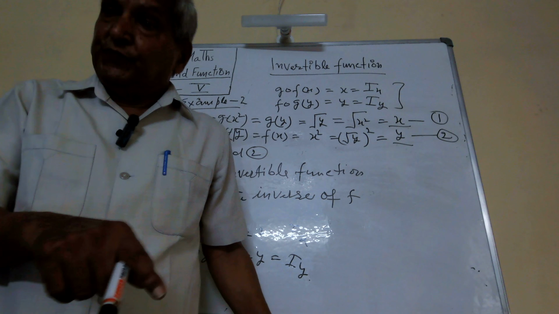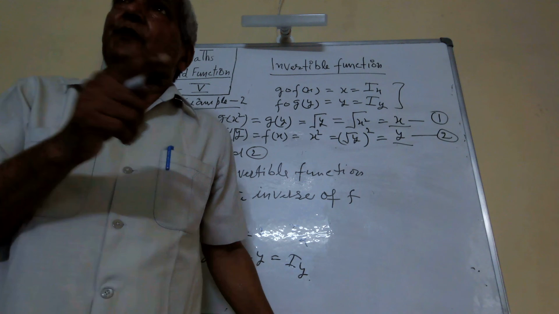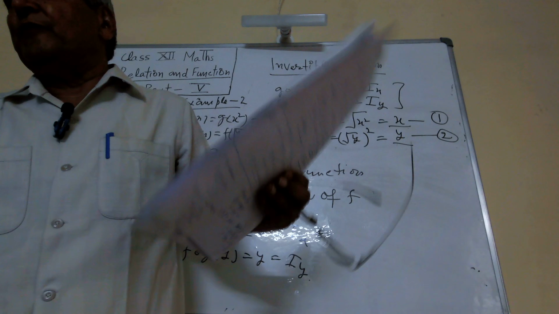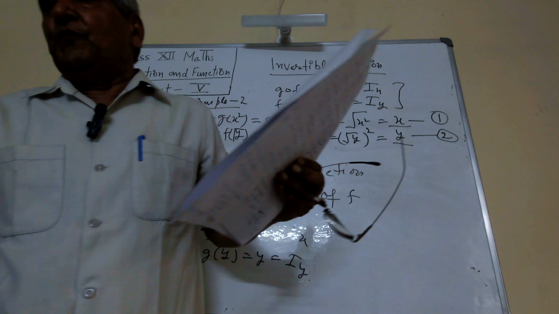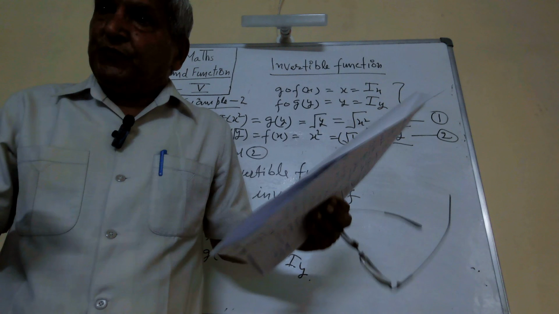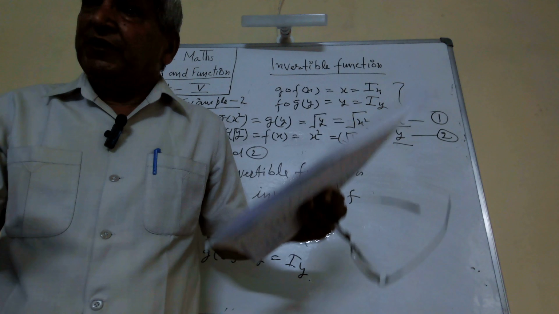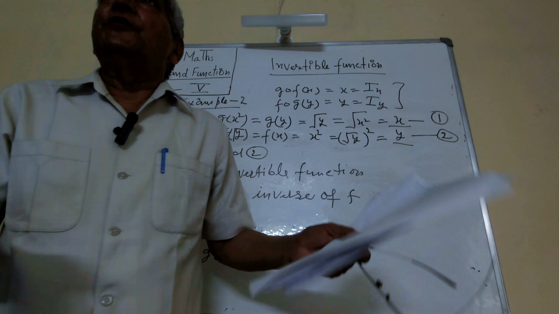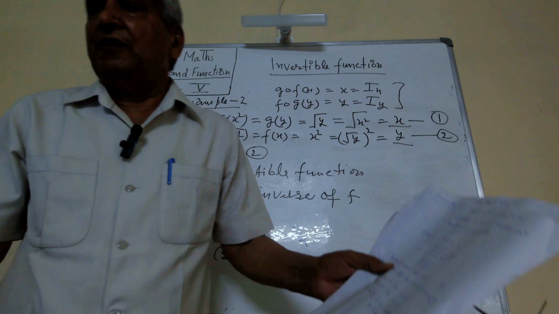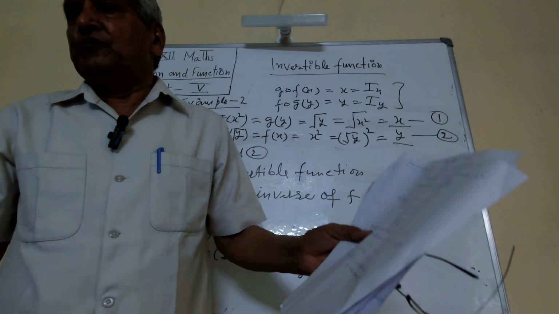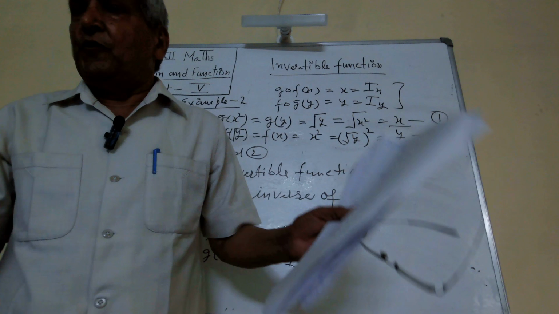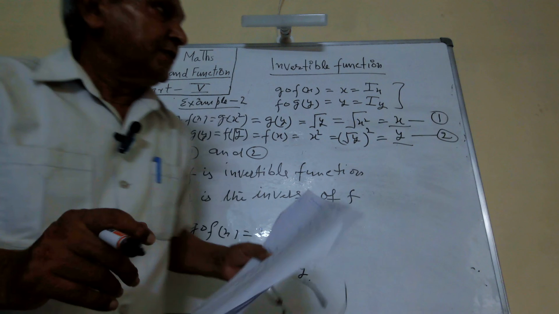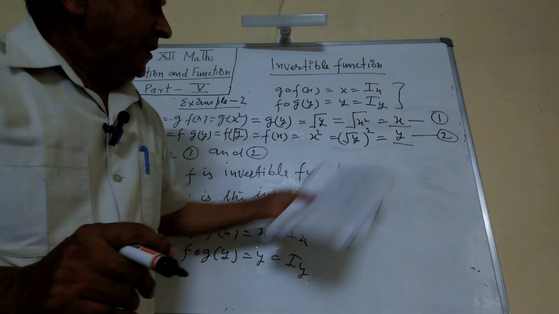And conversely, if a function is invertible, that function will be one-one and onto. If you can prove a function is one-one and onto, you can say that this function is invertible. So for proving a function is invertible, you can apply both conditions, one-one onto and this condition.